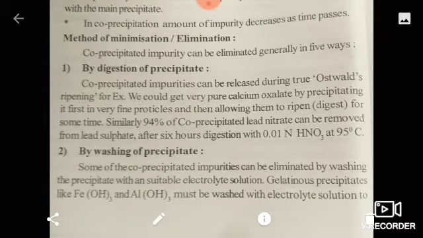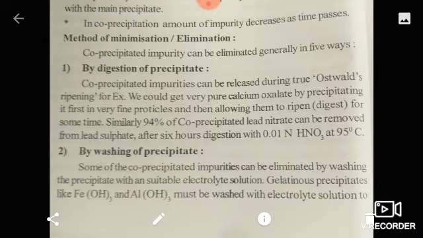Similarly, 94% of co-precipitated lead nitrate can be removed from lead sulfate after 6-hour digestion with 0.01 normal HNO3 at 95 degrees Celsius. So this is by means of aging or digestion of the precipitate.